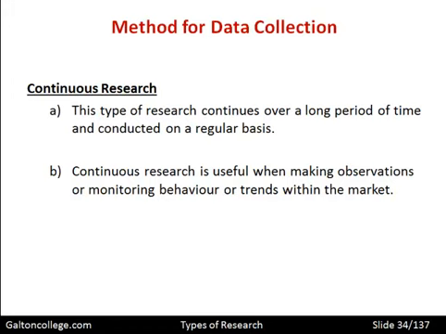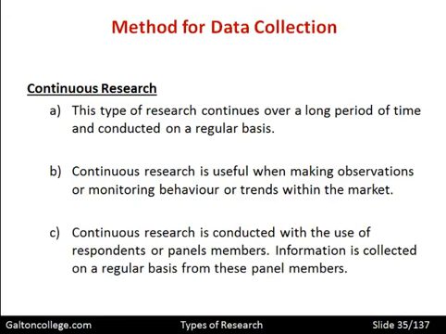The trend is that consumers are moving away from the product or moving towards the product. We can only determine trends if we have pieces of research conducted in different time periods, because trends happen over time. Continuous research is conducted with the use of respondents or panel members. Information is collected on a regular basis from these panel members.